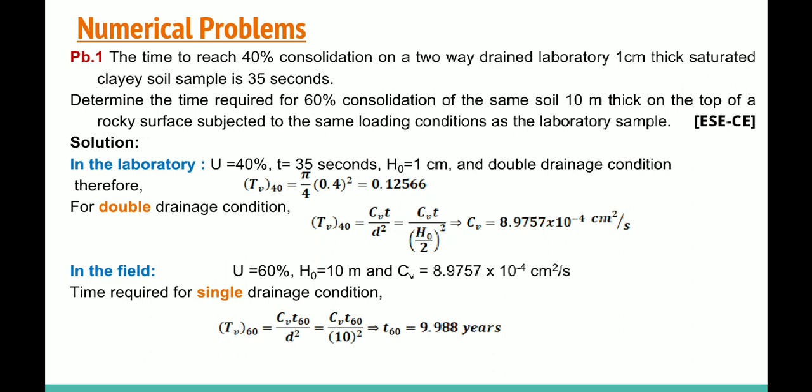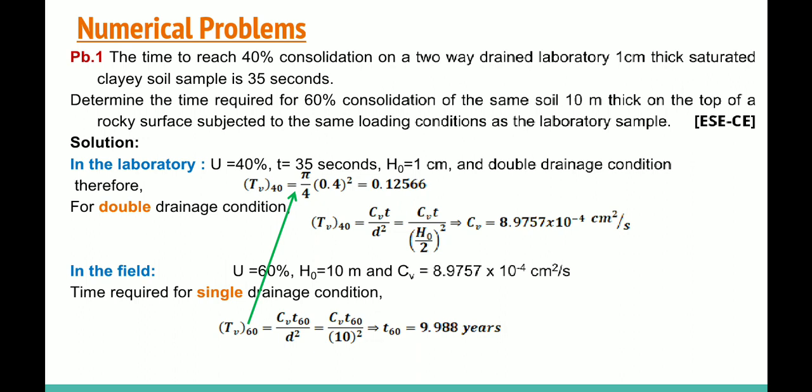So again we can apply this formula for the field, and now we have Tv. We can calculate by using this relation pi by 4 into U square. For 60%, this formula is valid for less than or equal to 60% degree of consolidation. So we can apply pi by 4 into 0.6 whole square.